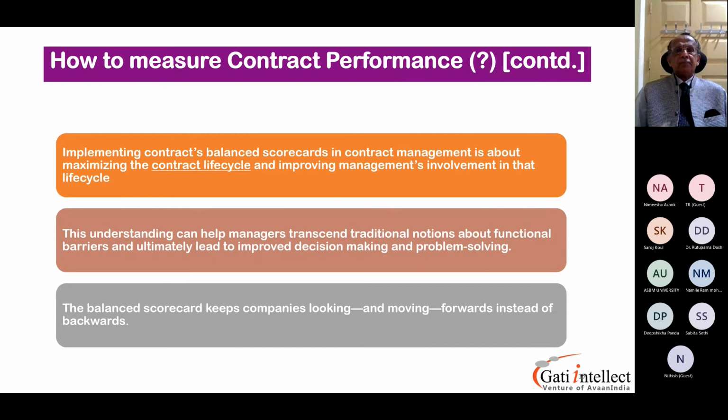Understanding can help managers transcend traditional notions about functional barriers and ultimately lead to improved decision making and problem solving. Decision making is another very important aspect which an organization has to carry out.